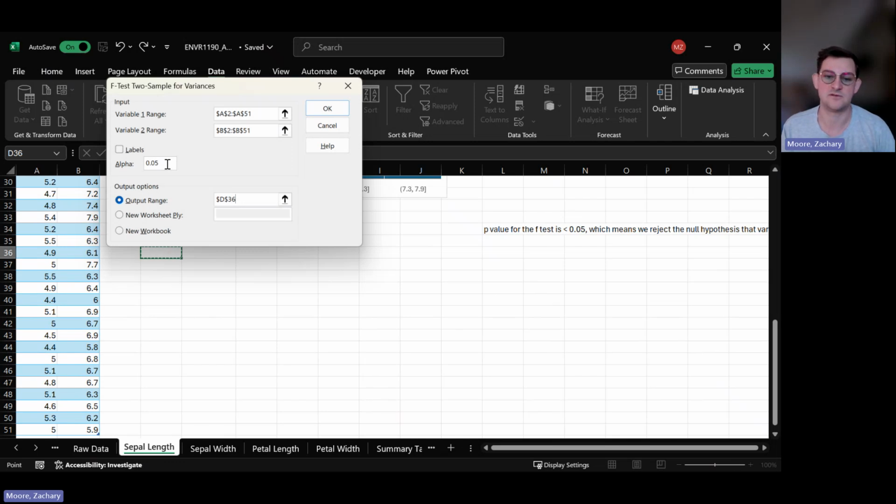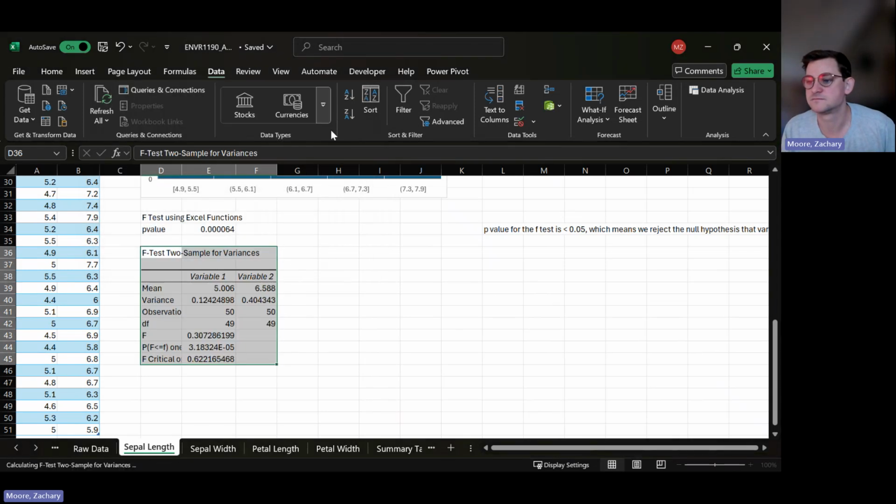And it tells us what our alpha is. This is that level of significance, that level of confidence that we want to have in where the null hypothesis is cut off. So this is saying that we want to have 95% certainty, and we're using this 5% cutoff.